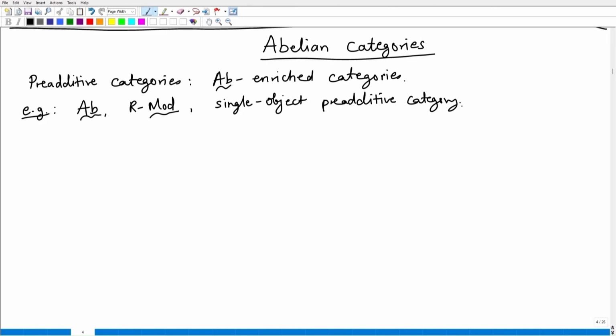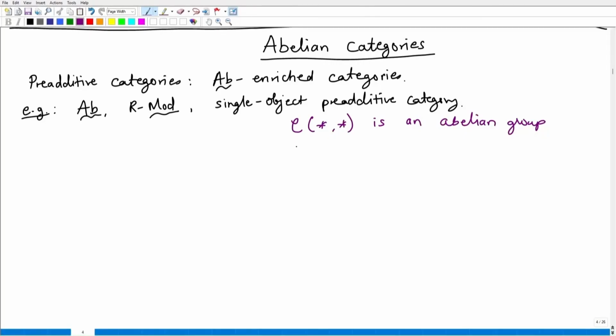Okay, let's take a pause and think about it properly. So single object means we are given a category, let's say C, and then C(*,*), the endomorphisms, is an Abelian group. In general, what is a single object category, tell me?